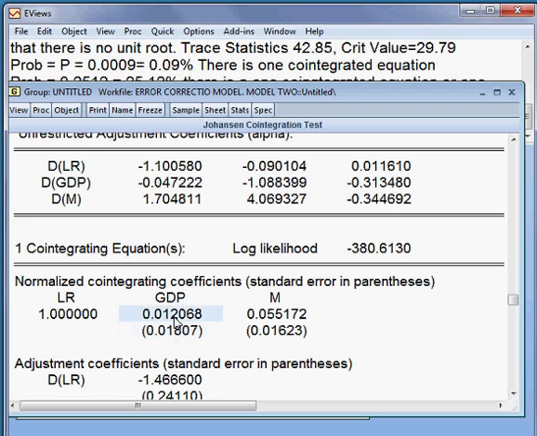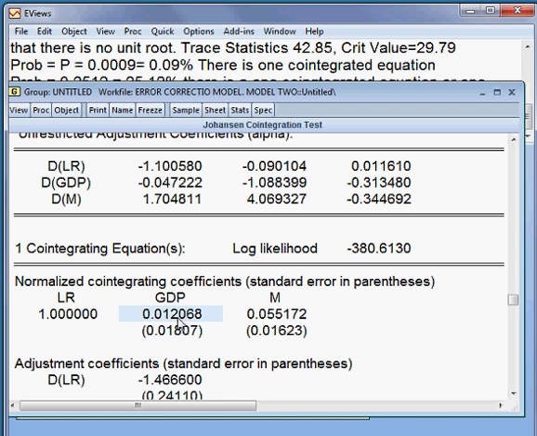This is the standard error, and this is the coefficient.